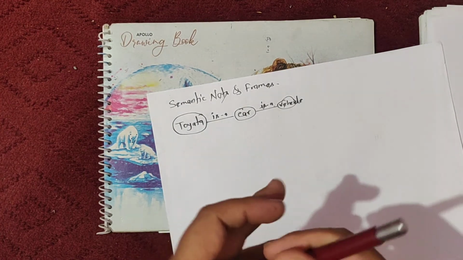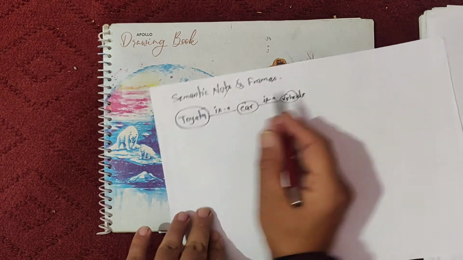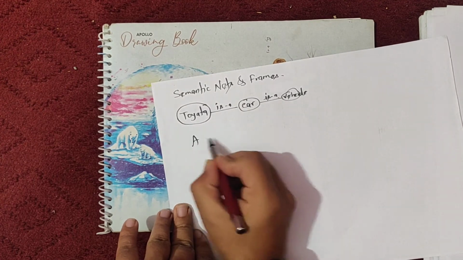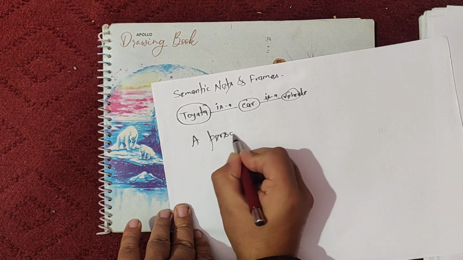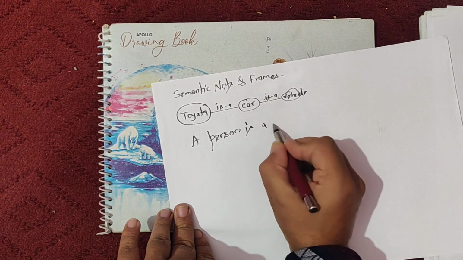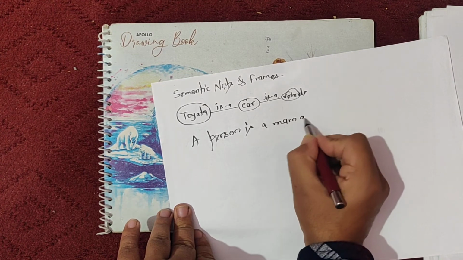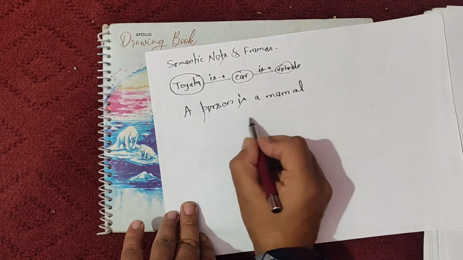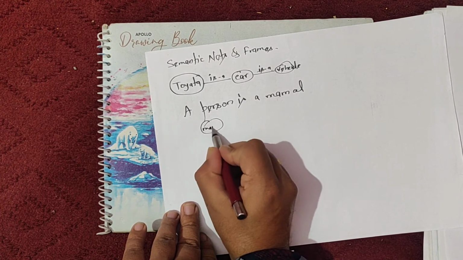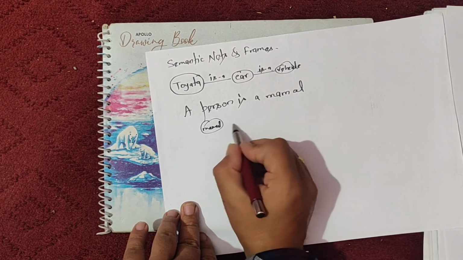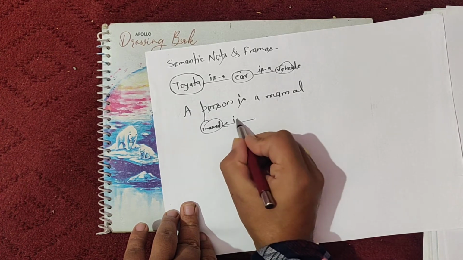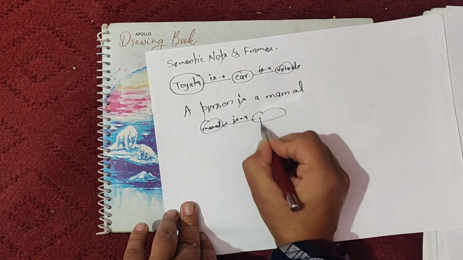So let us consider an example of semantic nets. A person is a mammal, so it can be expressed as person is a mammal.